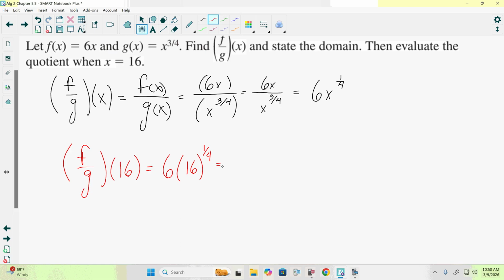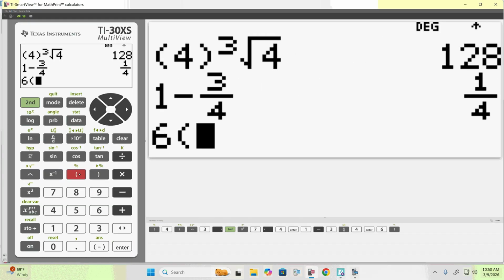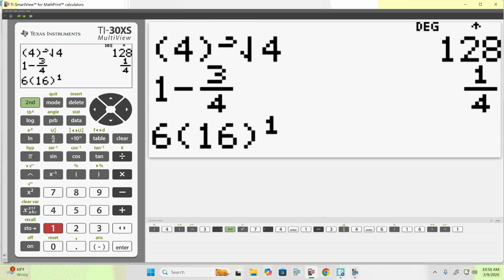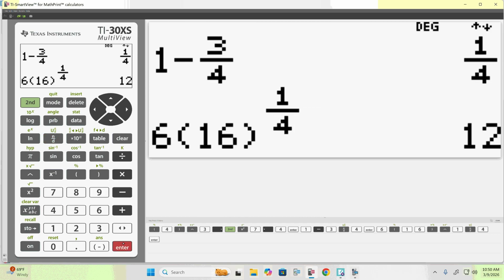Or we can let the calculator do it for us. Because 2 to the 4th is 16, so the 4th root of 16, or 16 to the 1/4 power, is 2, and 6 times 2 is 12.